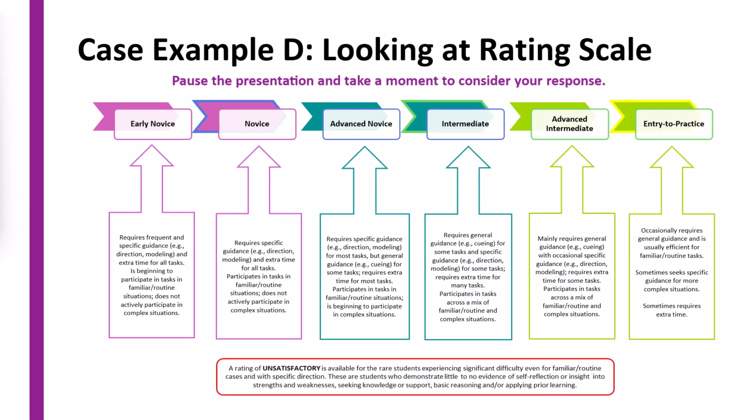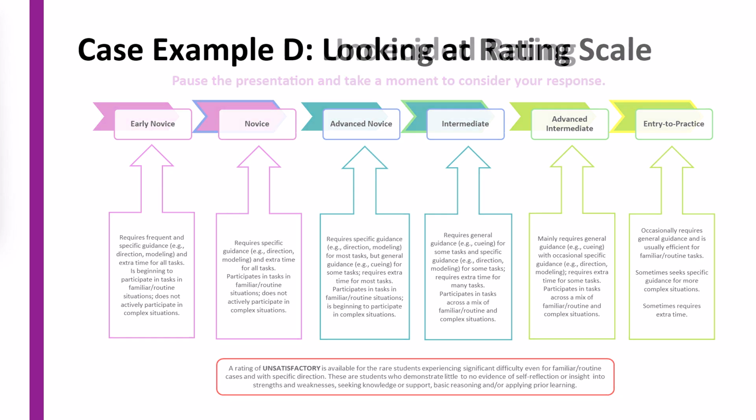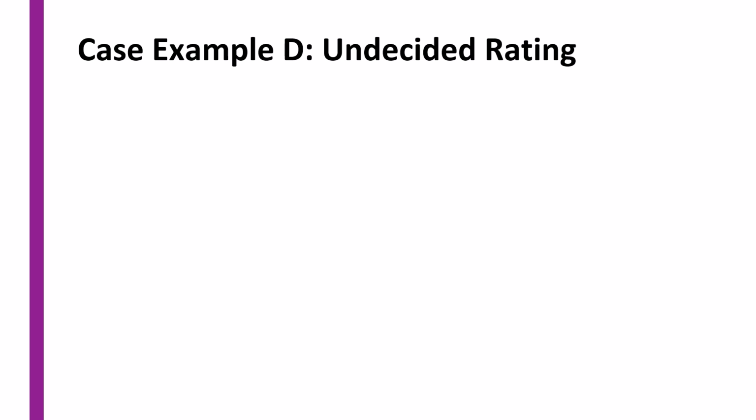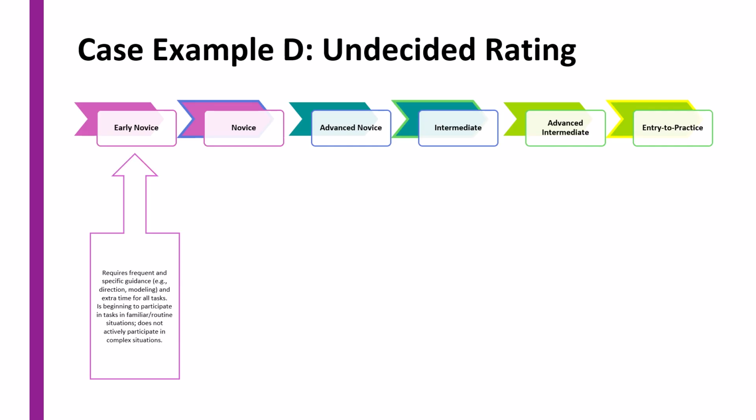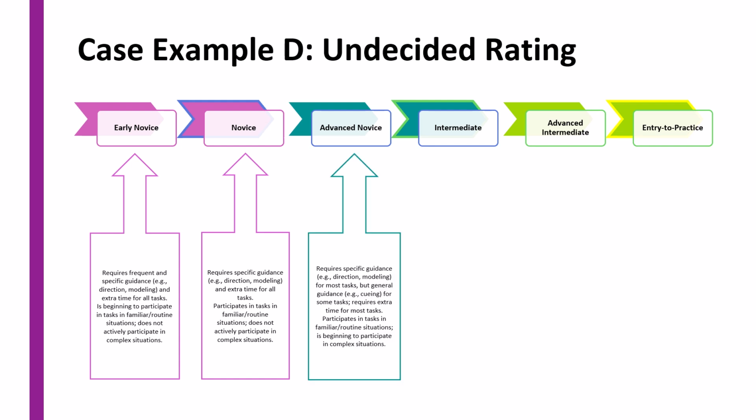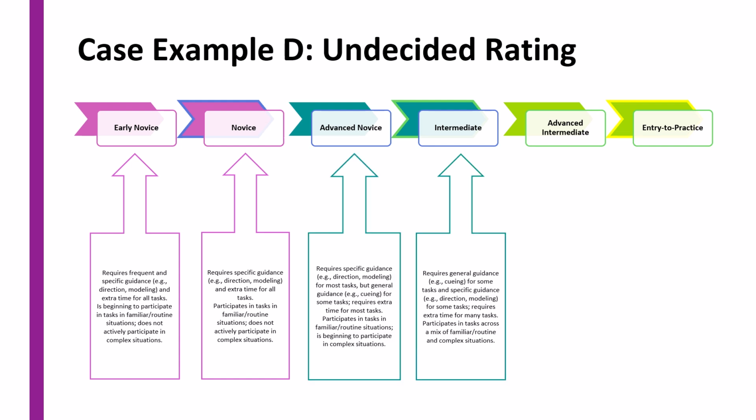How would you rate Charlie on Competency 6.A? The range in Charlie's performance on this competency leaves the clinical educator deliberating between several potential ratings. Charlie demonstrates good understanding of clinical services and an ability to follow protocols and policies without much guidance, which would lead to a higher rating on the rating scale.